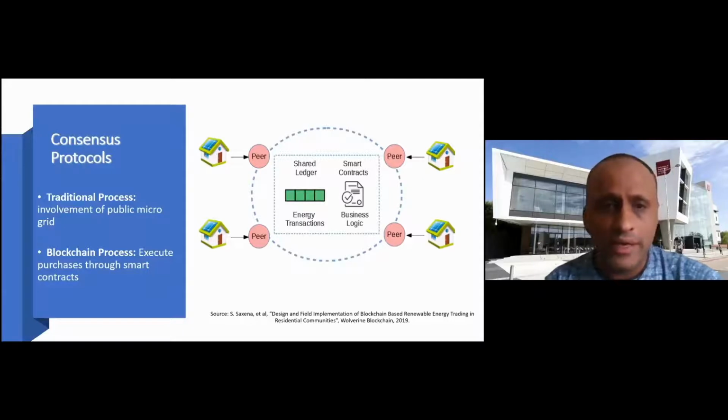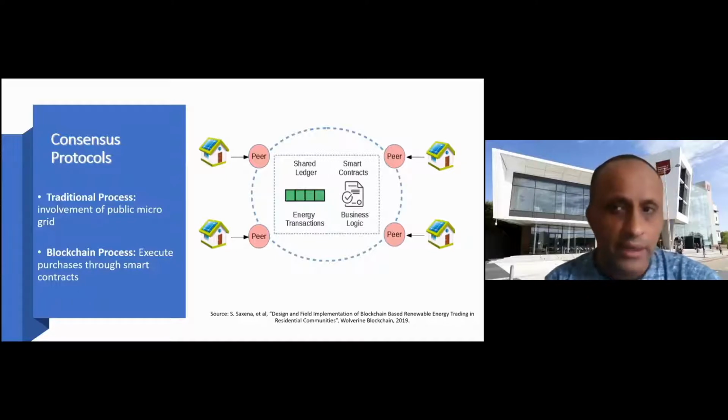So in our context, if you look at the diagram on this slide on the right hand side, you can perhaps observe that in a typical blockchain based renewable energy system, the key building blocks include peers who are trading energy, smart contracts with embedded logic, and a shared ledger having energy trade related transactions.